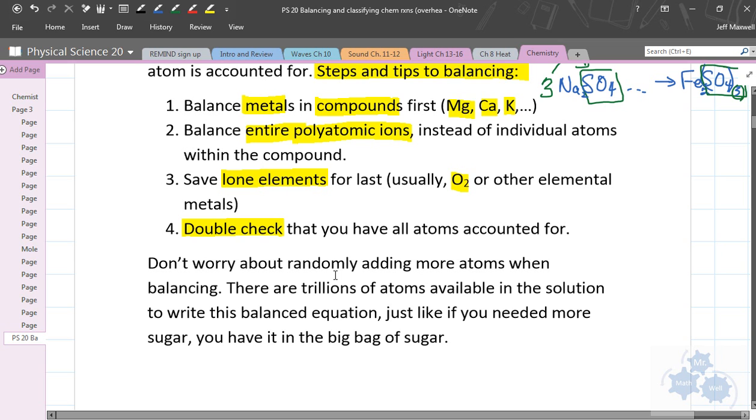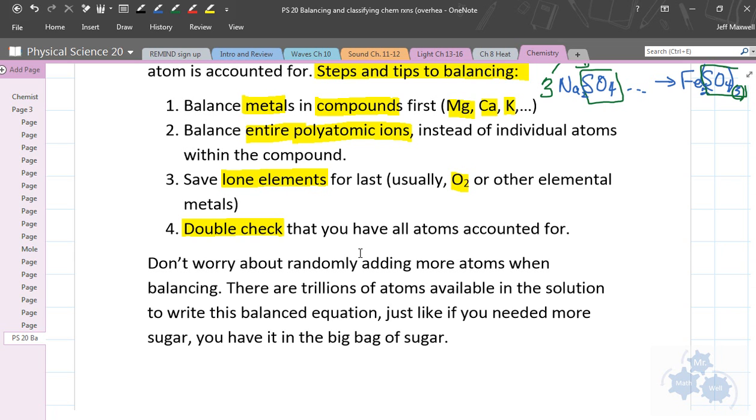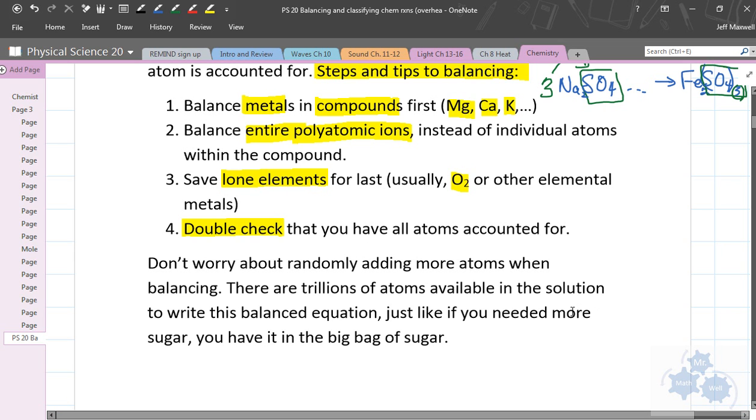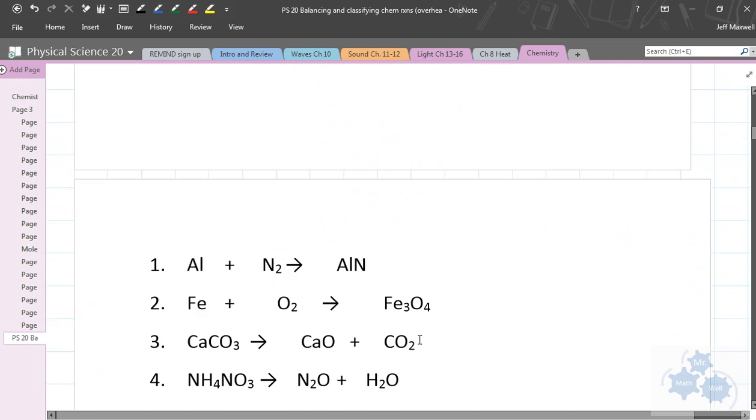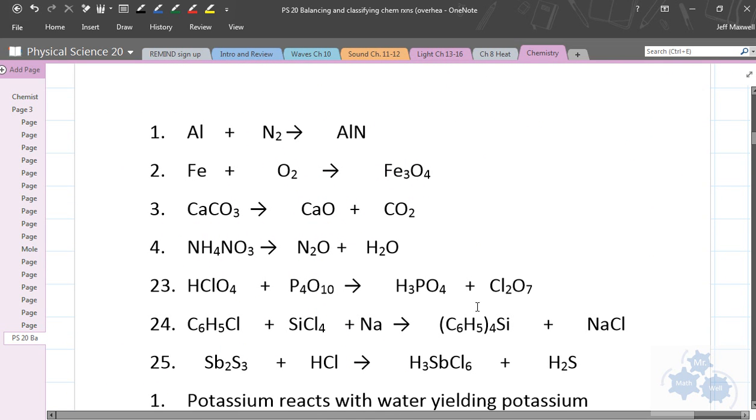So don't worry about that. There's always going to be enough for you to write a balanced equation. Even if you balance the equation, you need 1 of these molecules and you need 75 of these ones, don't feel bad like, oh, am I going to have enough? There's lots. Okay. All right. So just like in a recipe, if you need more sugar, you just go to the bag of sugar, and that's good. Okay. All right.